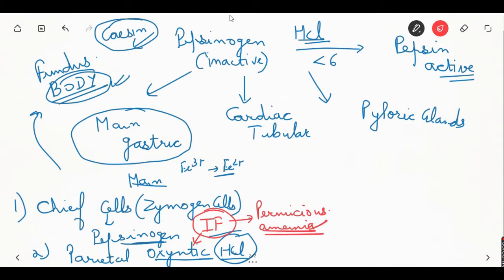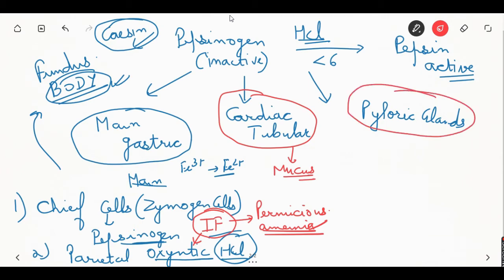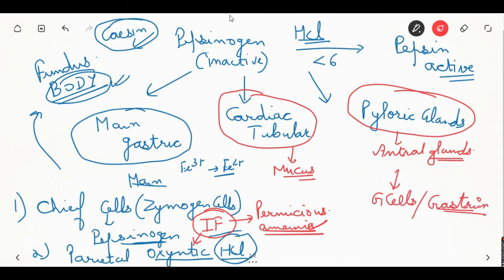The surface epithelium of the gastric mucosa also consists of mucus cells that secrete mucus and bicarbonate. Second are the cardiac or tubular glands, found in the cup of the gastric mucosa. They secrete insoluble mucus. Third are the pyloric glands, also known as antral glands. The deeper portion of the pyloric glands has G cells, which secrete the hormone gastrin.